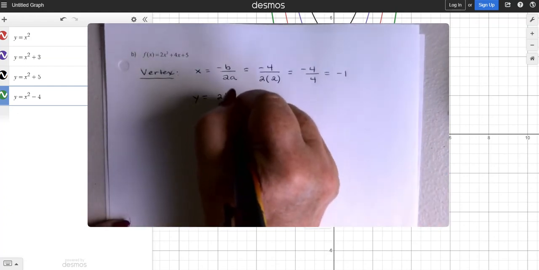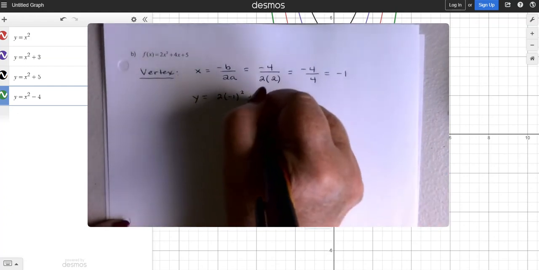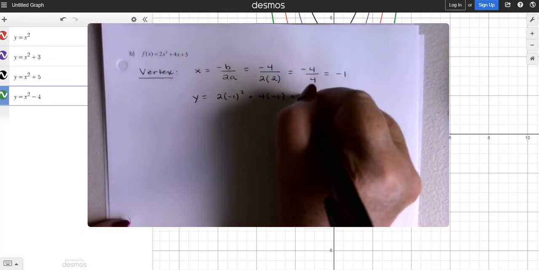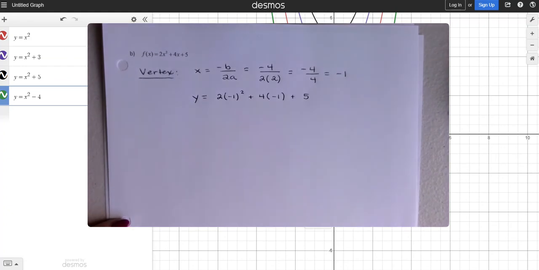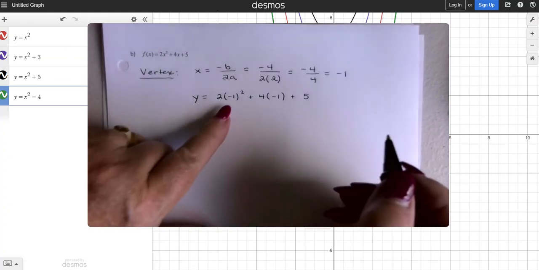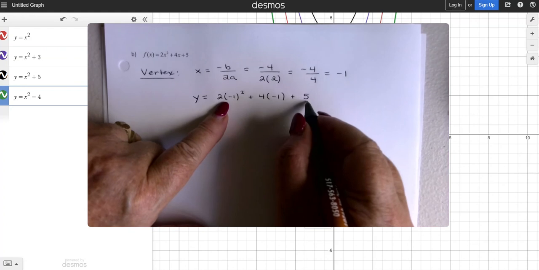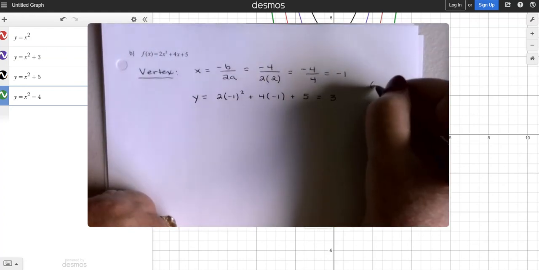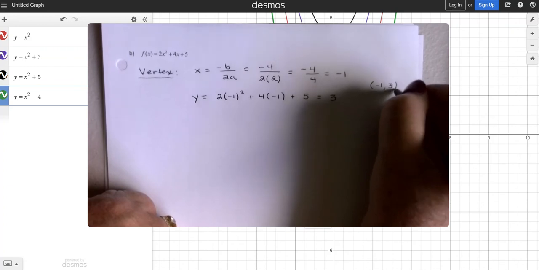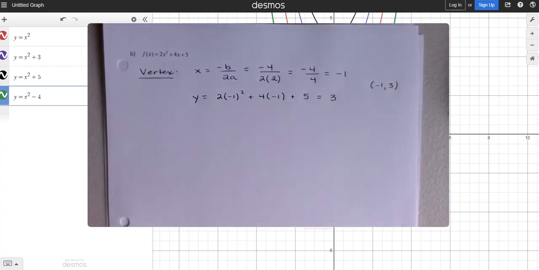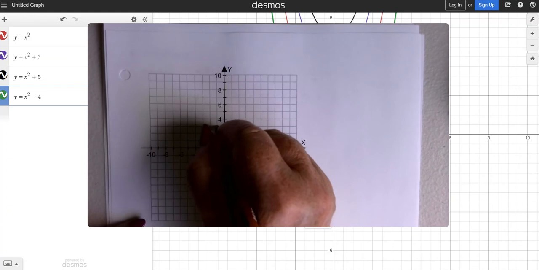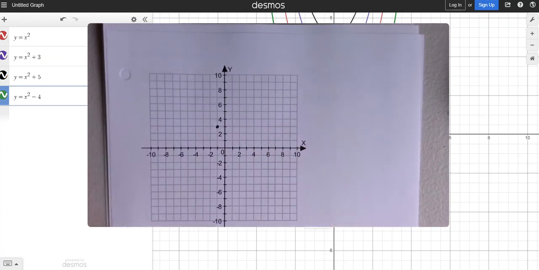So 2 times negative 1 squared plus 4 times negative 1 plus 5. Let's see, that's 2 plus 5 would be 7. 7 minus 4 is going to be 3. So my vertex is at (negative 1, 3). There it is.